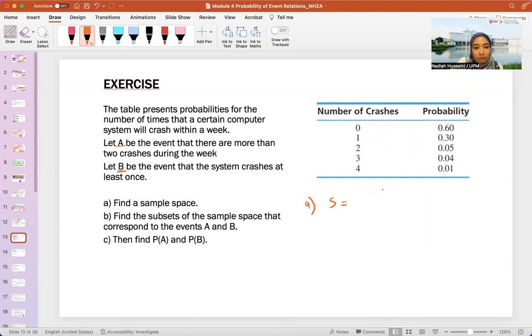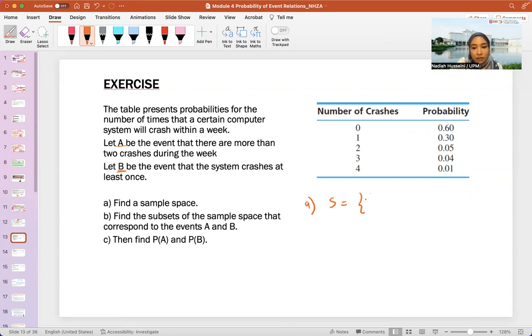Sample space or subspace? Sample space. Bilangan kejadian yang berlaku dalam satu population. Okay, correct. So what is your kejadian yang berlaku dalam satu population? Two crashes, more than two. So meaning 3 and 4. No, that is the event.